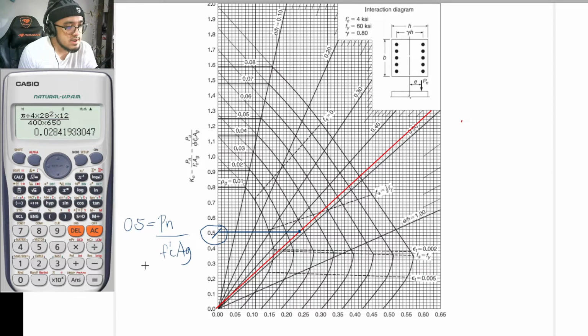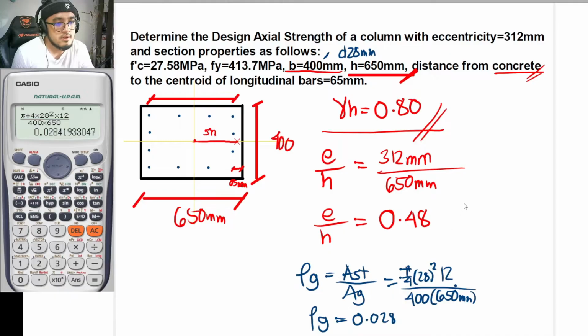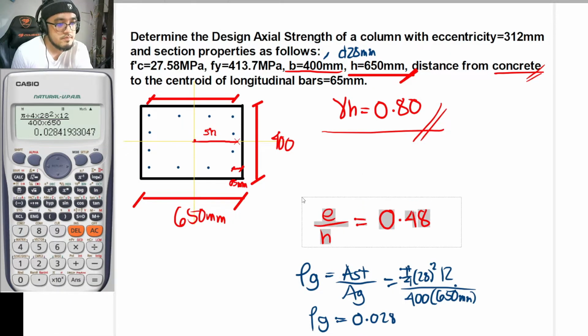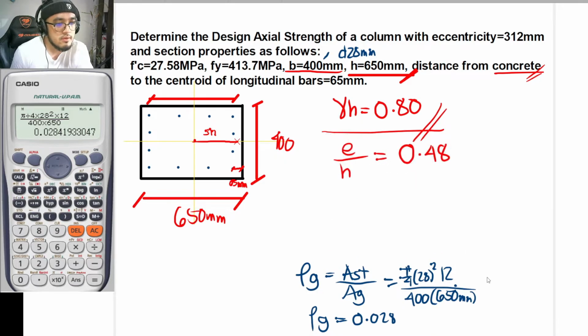So with that, guys, substituting known values, 0.5 here is now to be equal to Pn divided by F prime C. So by the way, guys, it is better, I think, if I would be writing here. So dito ko na lang isulat. So I would just be deleting this first. So lagay natin dito.